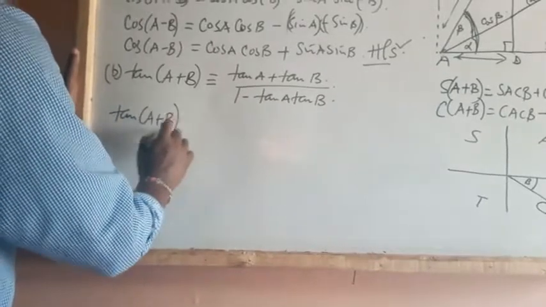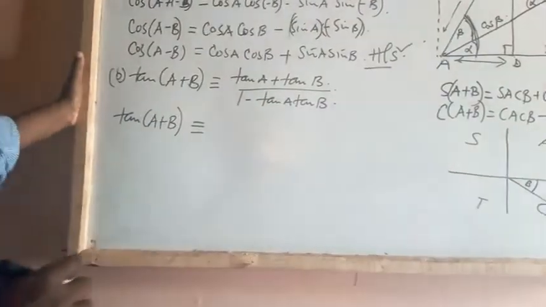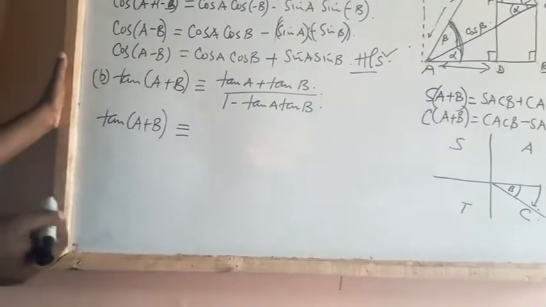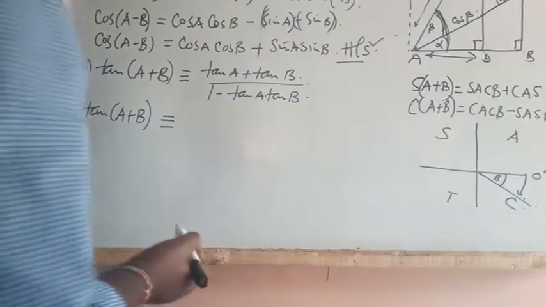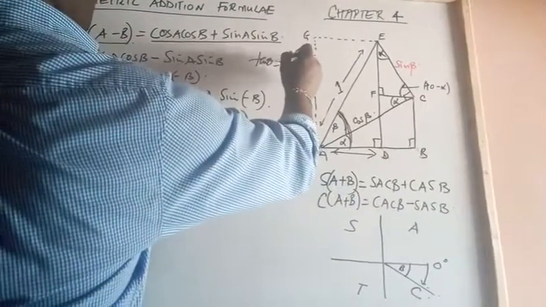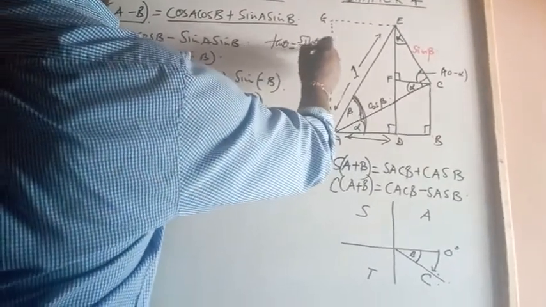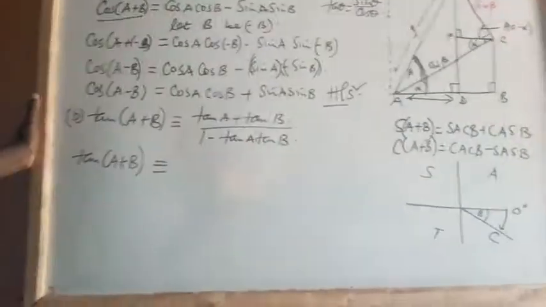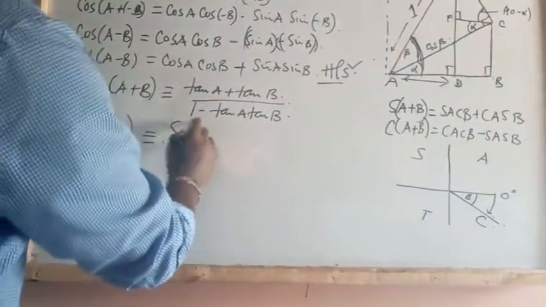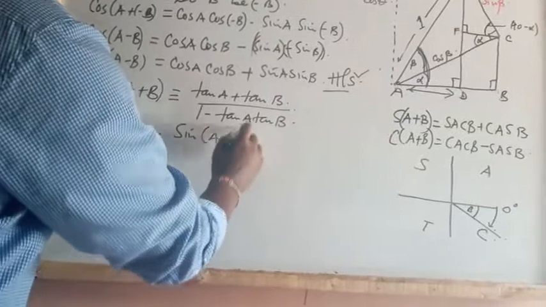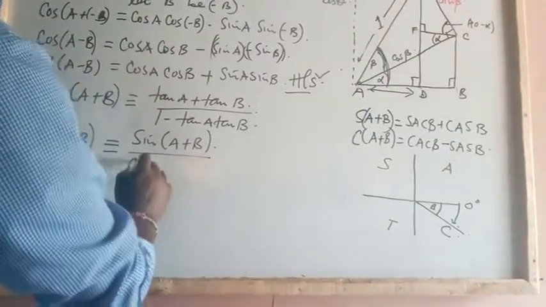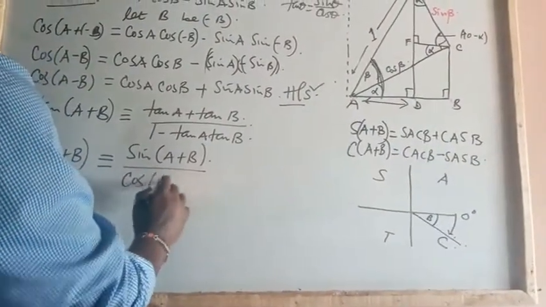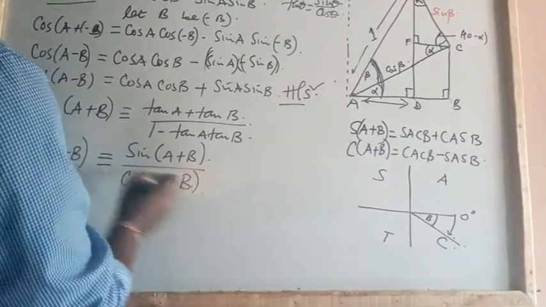From the very primary trigonometric identity, we know that the tangent of theta is the sine of theta over the cosine of theta. We bring that knowledge here: the tangent of A plus B is the sine of A plus B all over the cosine of A plus B.